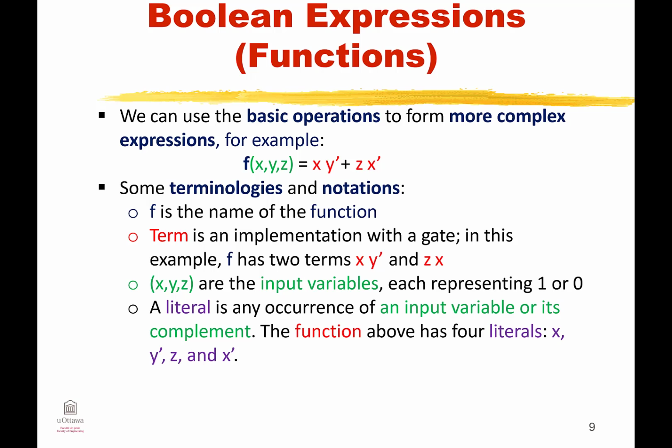So anything separated here by the plus is called a term. Okay, so the term is an implementation with the gate. In this example, we have two terms, x y prime, and z and x prime.